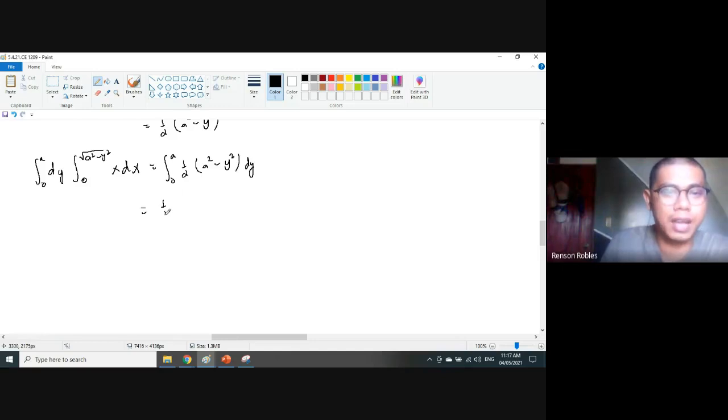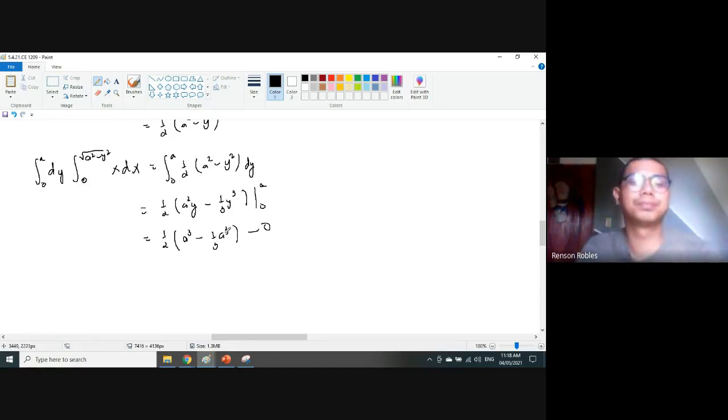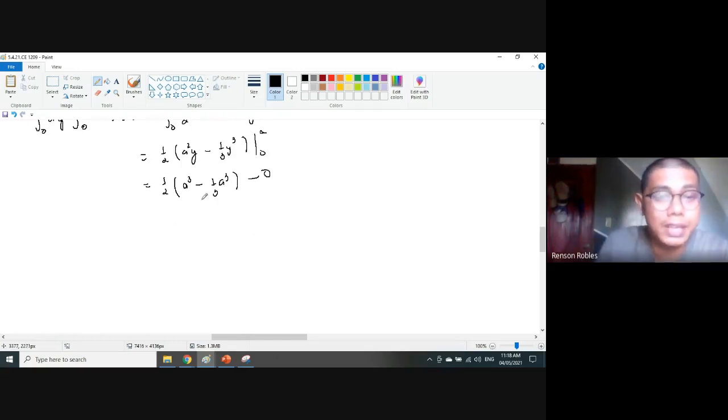So you have one half times the integral of a squared dy, which is a squared y minus one third y cubed, evaluated from 0 to a, equals one half a squared, then y is a, so this will become a cubed minus one third a cubed, then again the rest will become 0. All right, and then you can just simplify. 3 times a cubed is 3a cubed minus a cubed, it's 2a cubed.